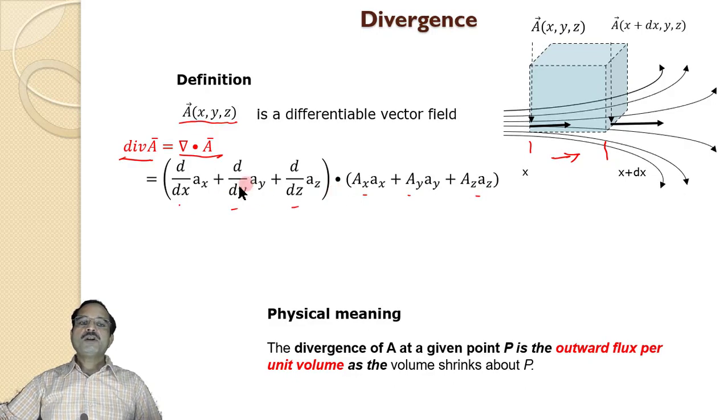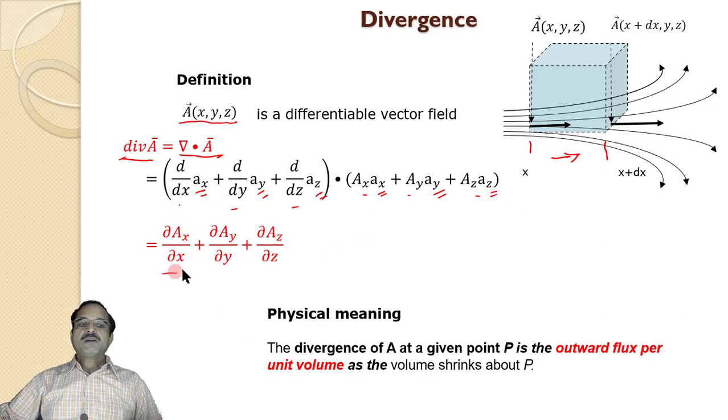So when I take this dot product of a_x with a_x, it is equal to 1. Similarly, dot product of a_y with a_y is 1. Again, a_z dot a_z is 1. So this becomes d/dx of A_x plus d/dy of A_y plus d/dz of A_z.